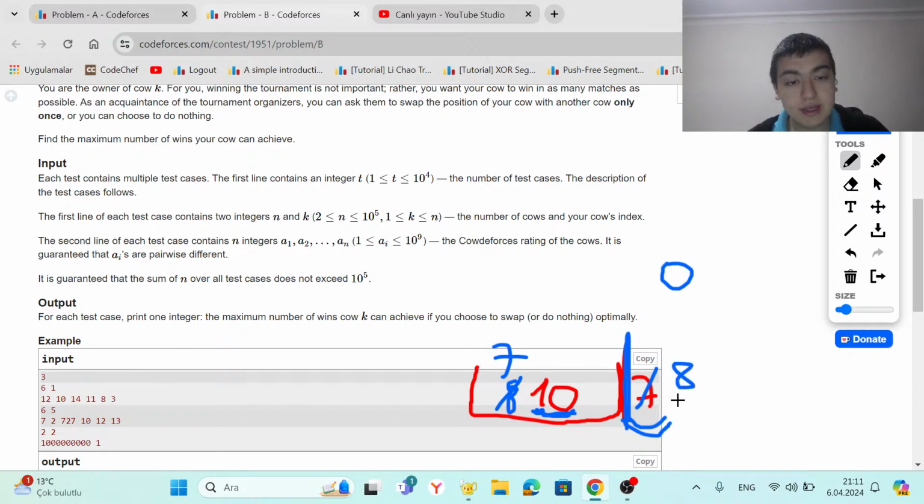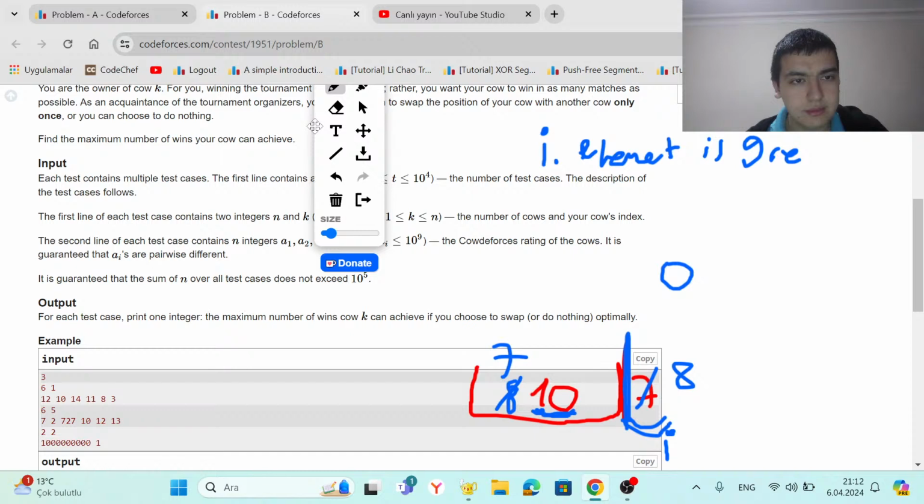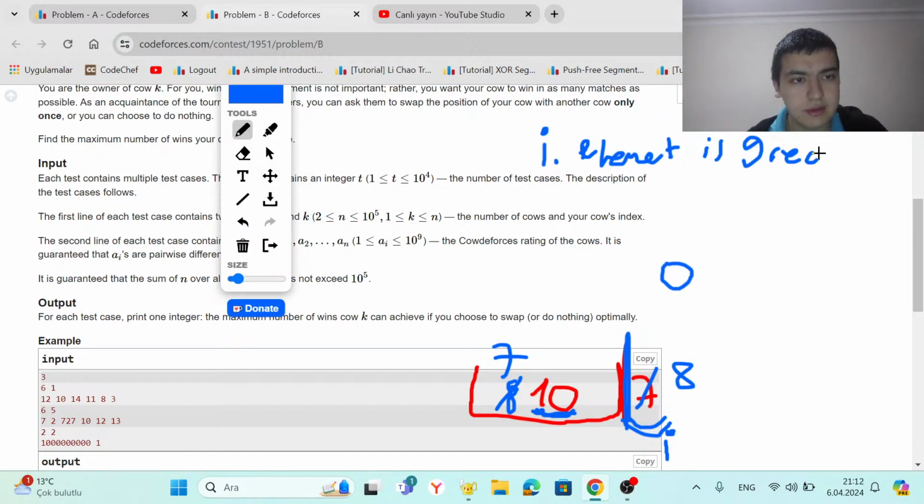Now let's call this place I. We know that the I element is greater than us.